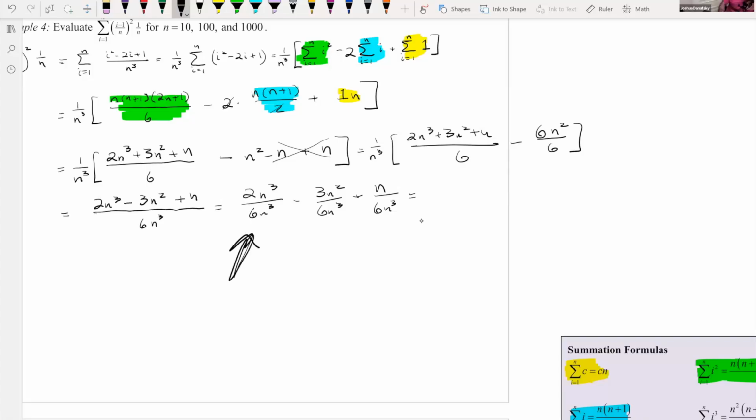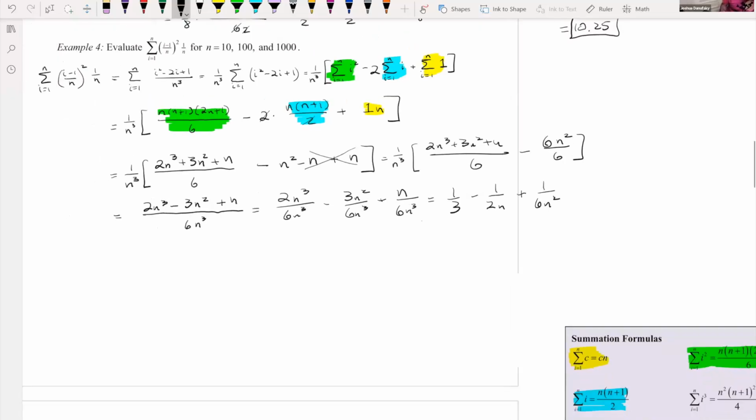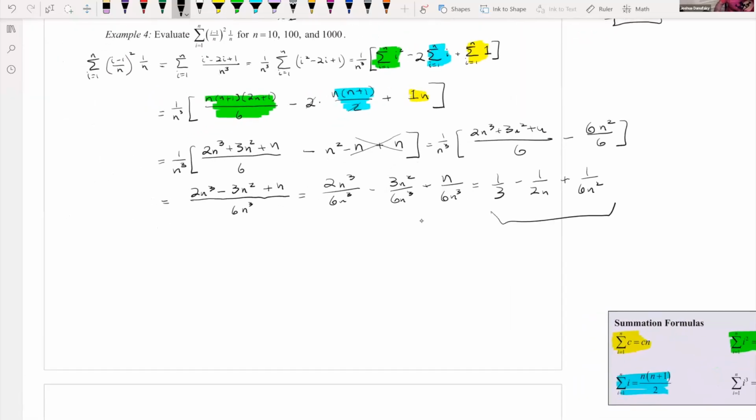This one right here is going to simplify to 1/3. This one's going to simplify to 1 over 2n. And the last one is going to simplify to 1 over 6n squared. And so we've arrived at a very nice expression here where we're going to now be able to plug in different values for n quite easily.